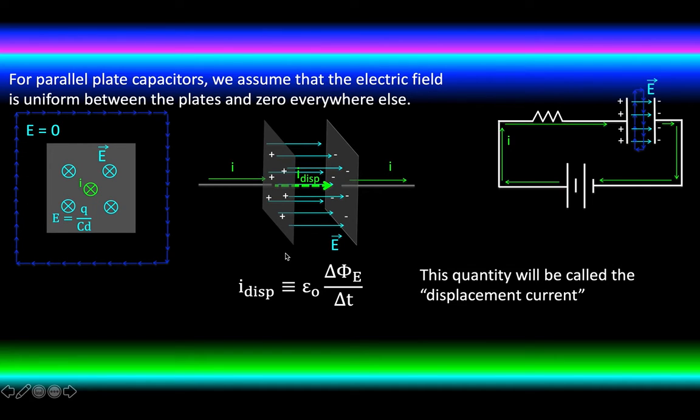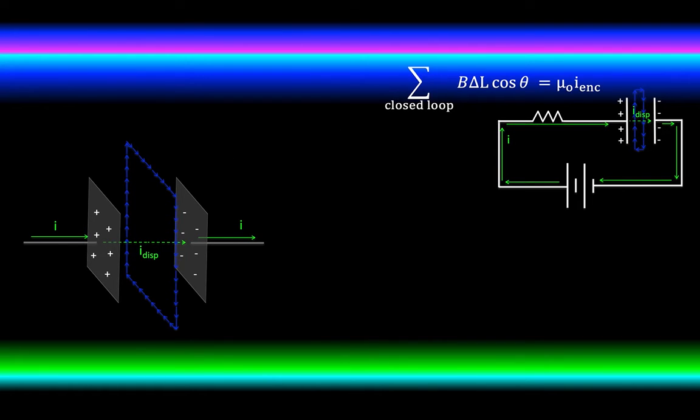The rate of change of electric flux might sound like a really weird, obscure quantity, but you've been working with the rate of change of magnetic flux a lot in the previous chapter. So to understand the rate of change of electric flux, just think about it in the exact same way as you did with magnetic flux, but now we're talking about electric flux.